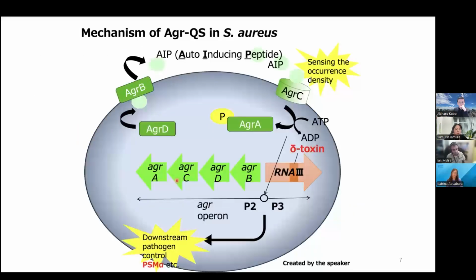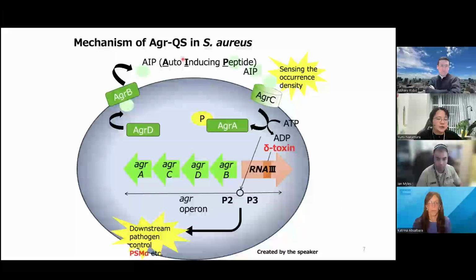For the control of virulence, Staph aureus employs the AGR quorum sensing system. The AGR operon is organized around two divergent promoters, P2 and P3. These two promoters work together to regulate AGR gene expression. Here you can see a peptide pheromone called auto-inducing peptide, AIP, which is translated from the AGRD region. AGRB transports AIP into the extracellular space, and AIP binds to the extracellular domain of the AGRC receptor.